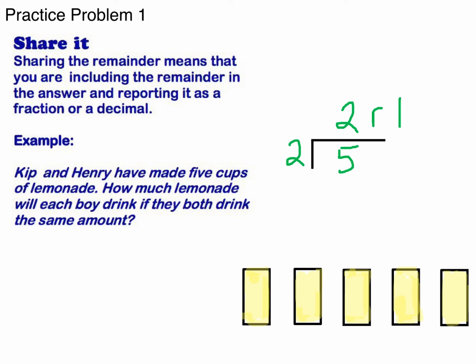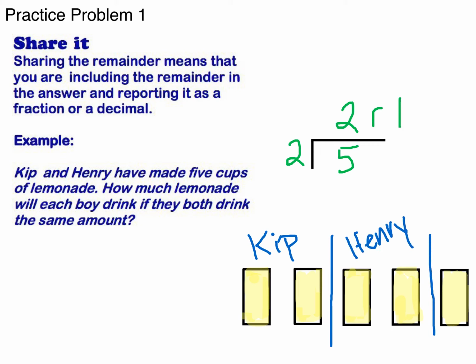Well, let's see, I'm looking at 5 right here, and I know that each boy can at least have 2 full glasses. So I might draw a line and separate them and say, okay, this might be Kip's share, and these two right here could be Henry's.